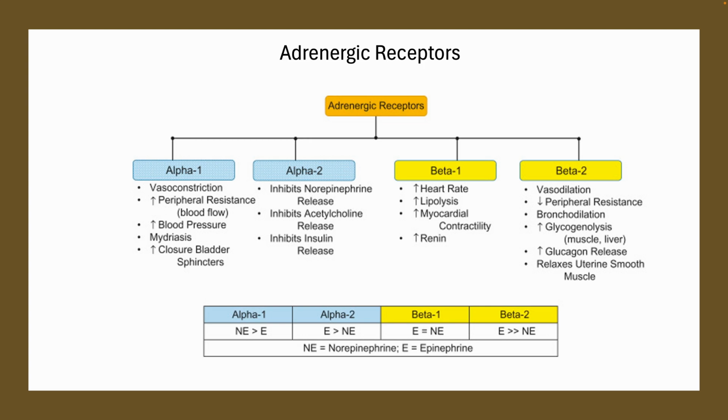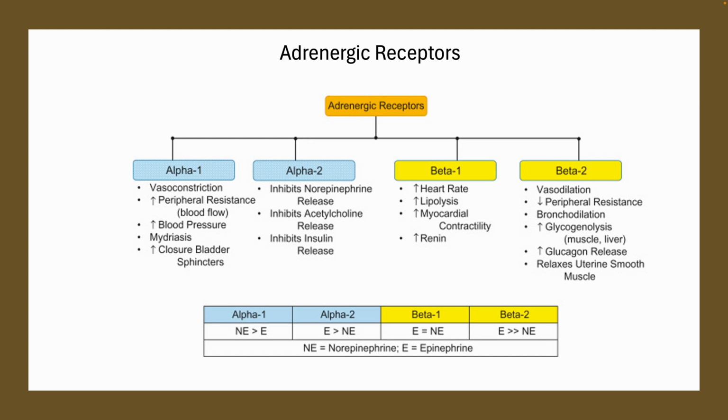And the fourth type is the beta-2 adrenoreceptor. These types of receptors are found in the smooth muscle of the bronchioles and in the uterus. Beta-2 adrenoreceptors are activated mostly by adrenaline. That means noradrenaline has very little effect on them. Their activation results in bronchodilation and uterine relaxation.